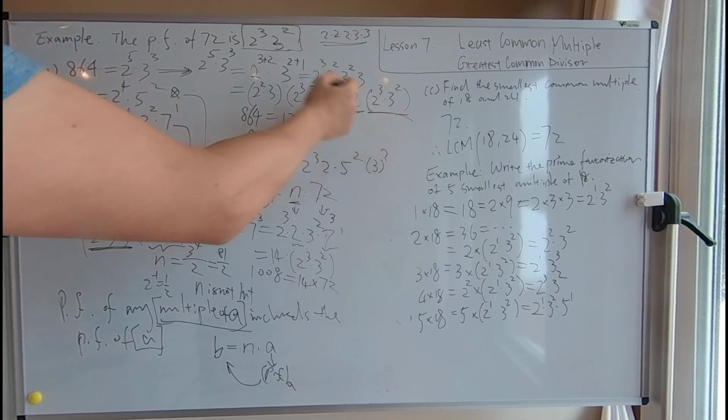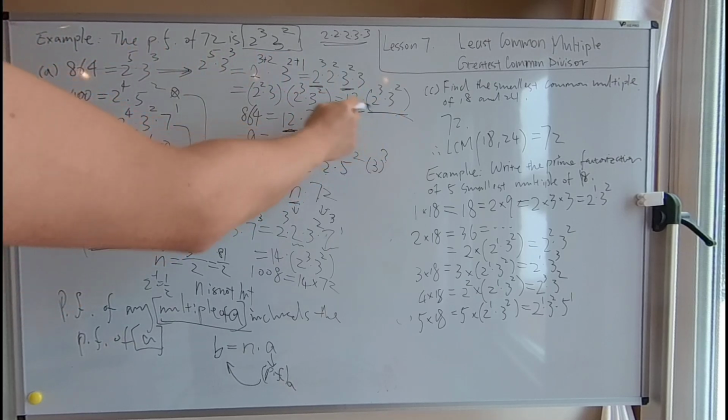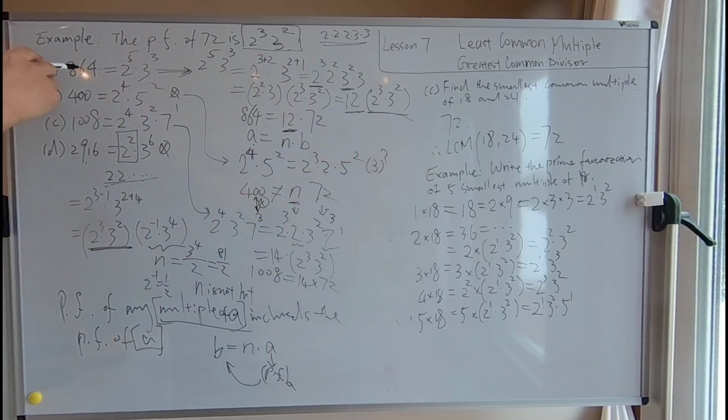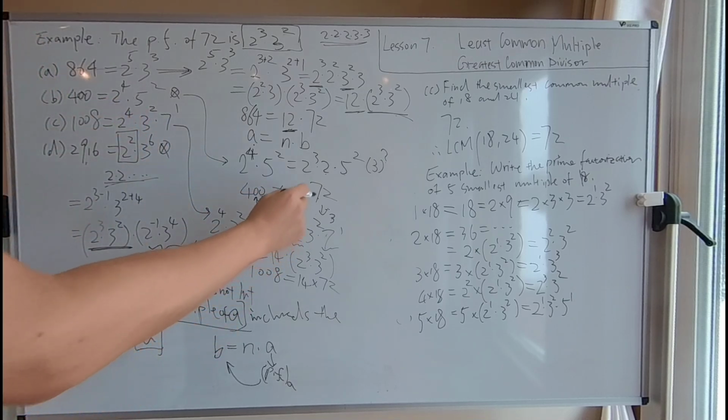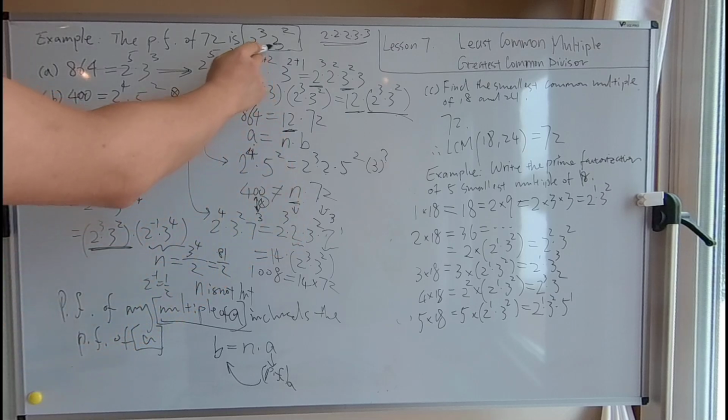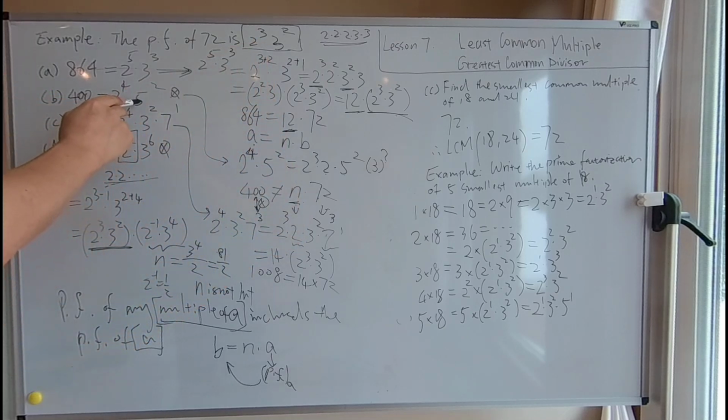So this is contained as a subset of the factorization of 864. And if it doesn't work, if 72 has some factor that is not a subset of this factorization, then it's not a multiple of that number.